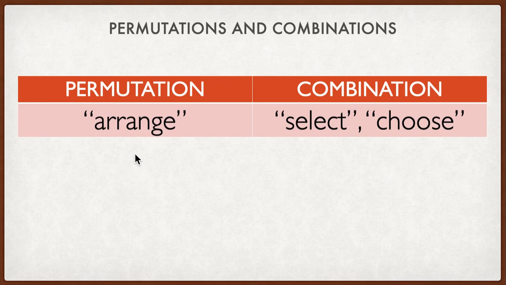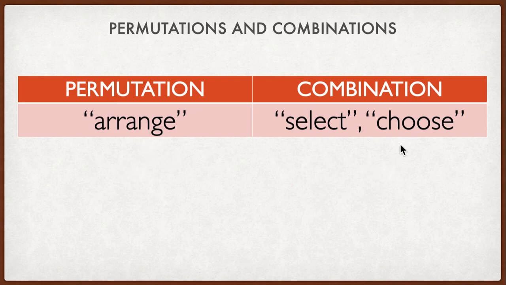We have keywords. There are certain problems wherein you will get confused about which formula to use. Will I use permutation here or combination? So I'm going to give you keywords on how to determine if it is permutation or combination. It is permutation if there is a word that says arrange.